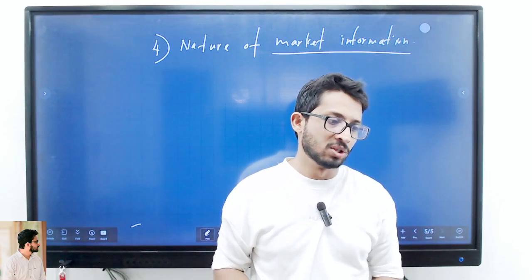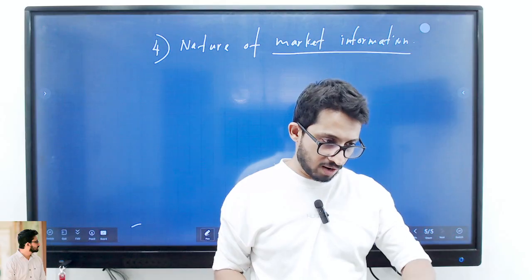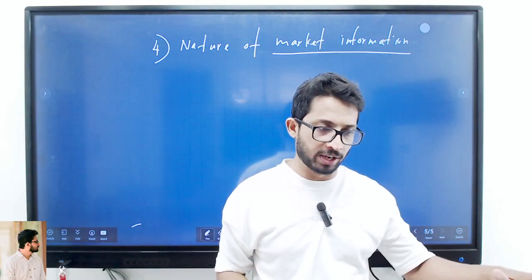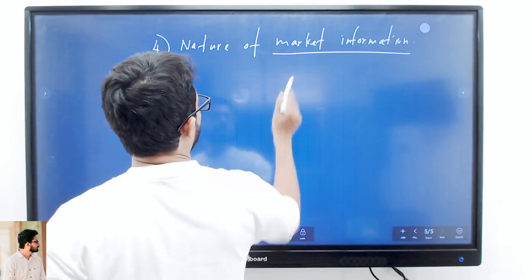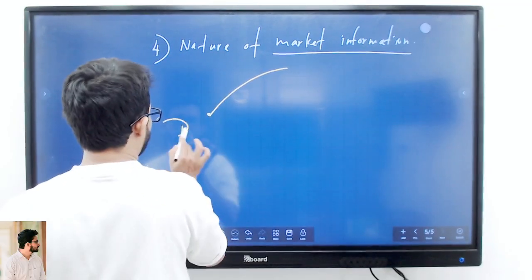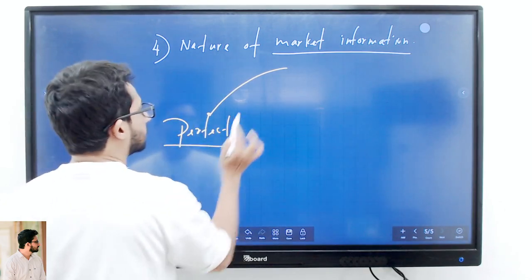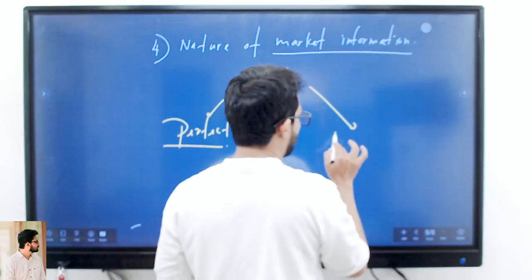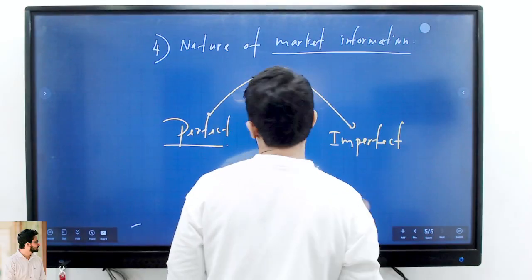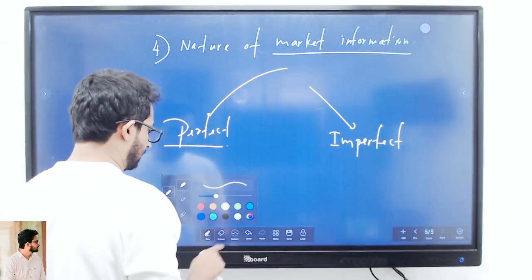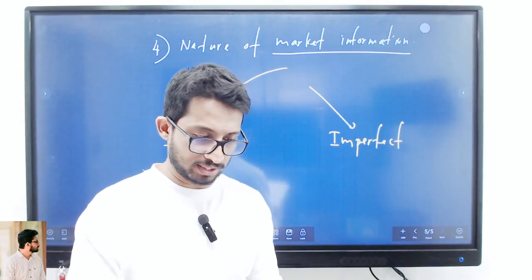But I need to say, in some markets there is perfect information, and in some markets the information is imperfect. For perfect information, 4 main characteristics must be fulfilled.